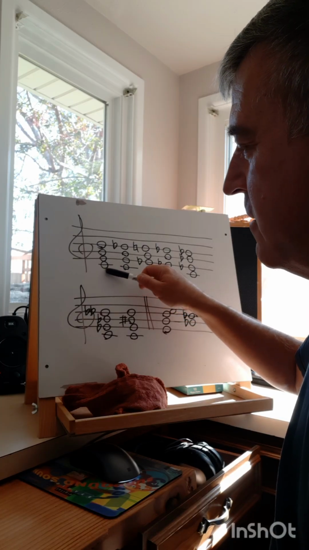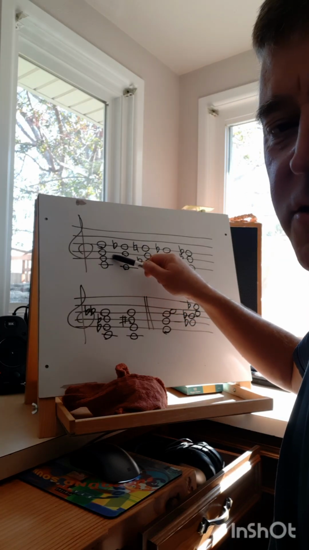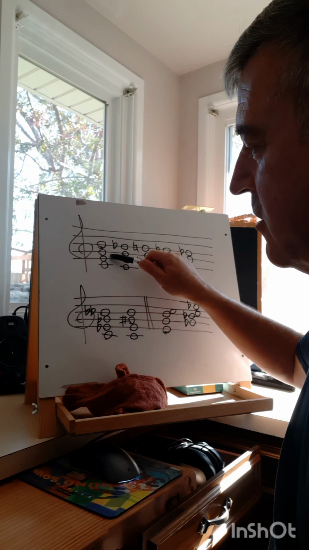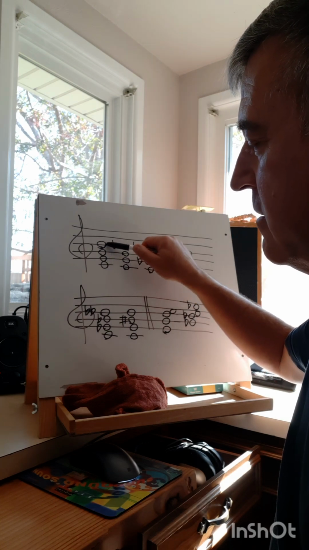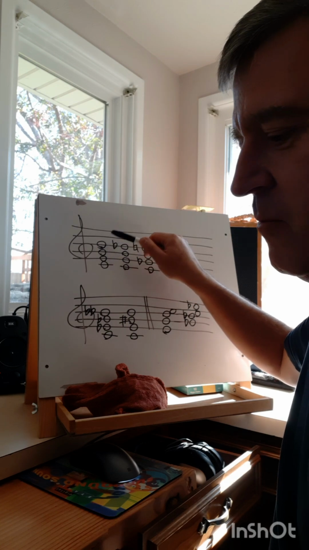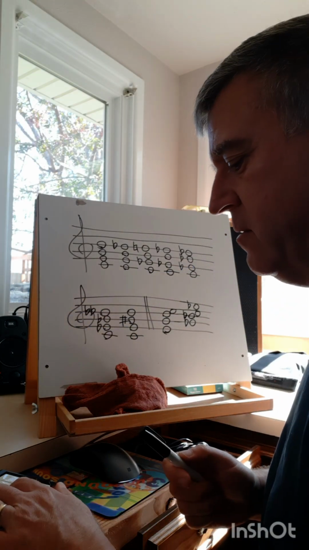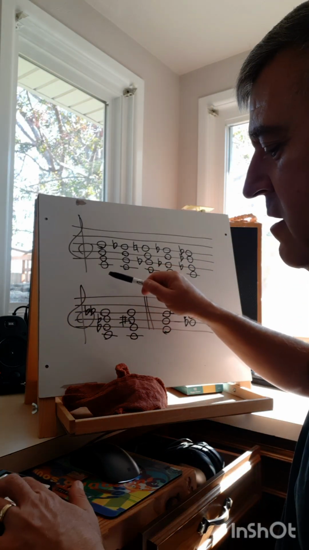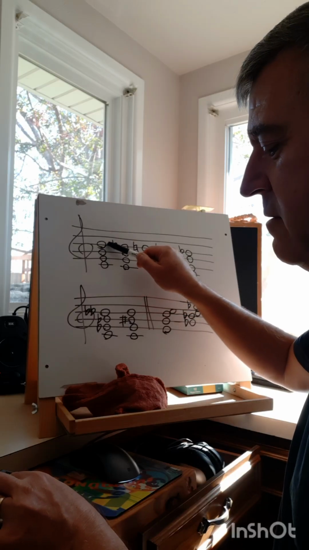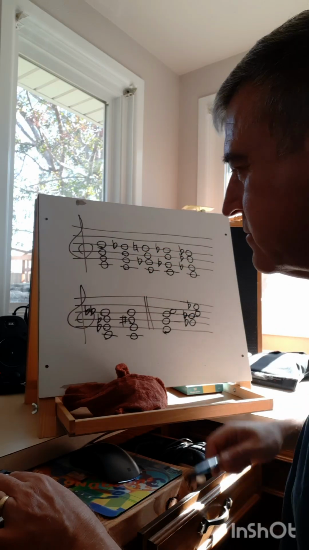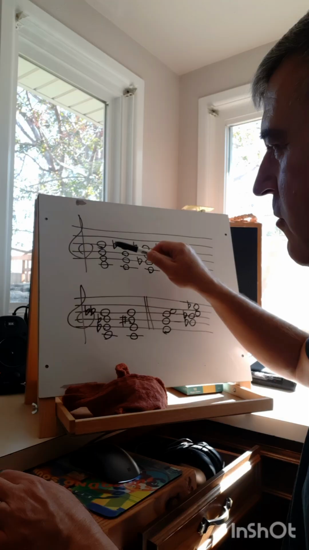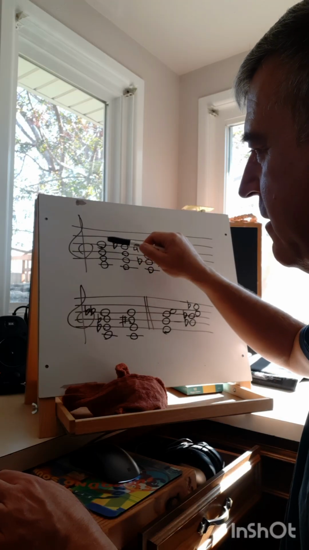So you have C, E, G, that's a major triad. And then to create your seventh chord, you add one more third stacked up on top of it. And so what that sounds like is, here's the C, E, G, B, and then the next example, let me talk about the stacking.